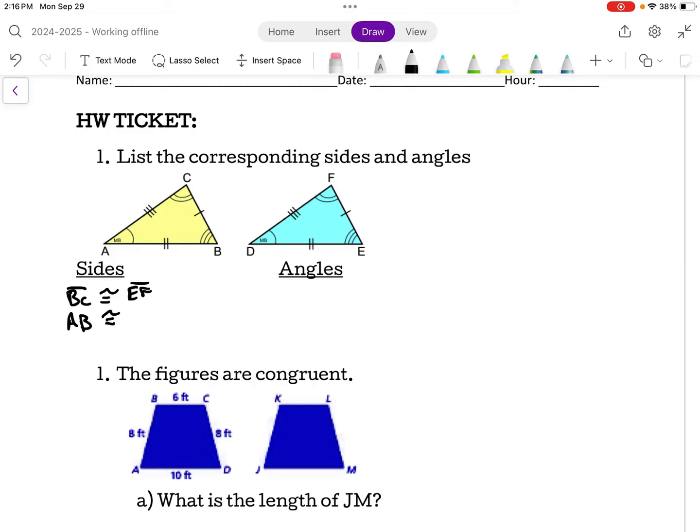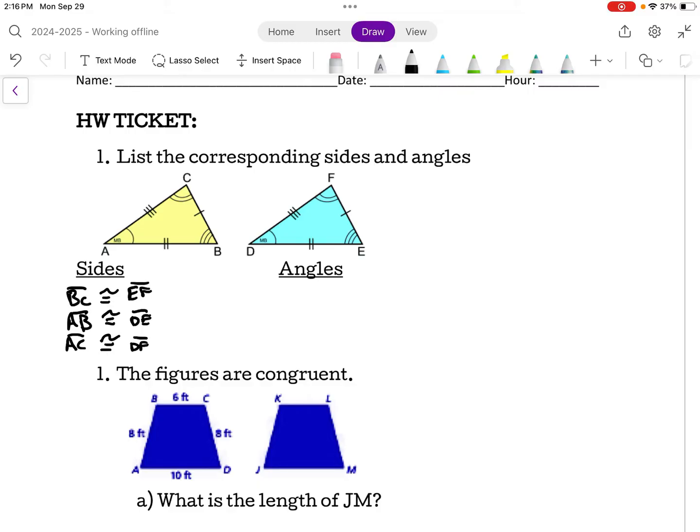AB is congruent to DE. And then AC is congruent to DF.